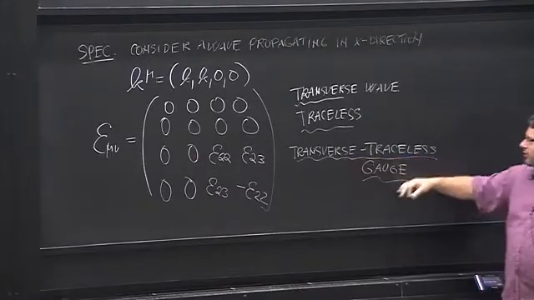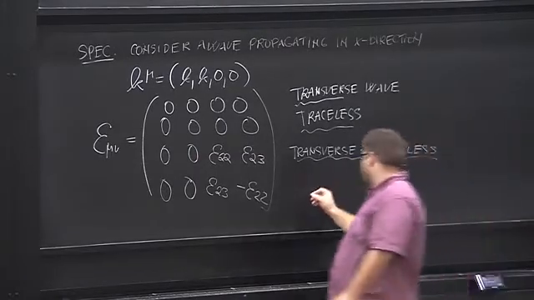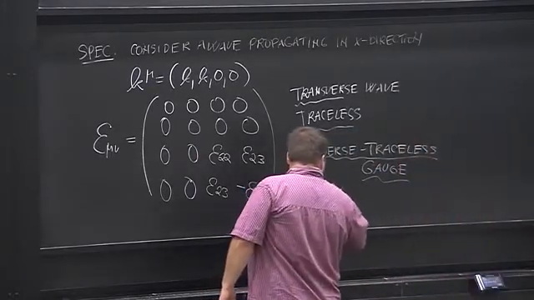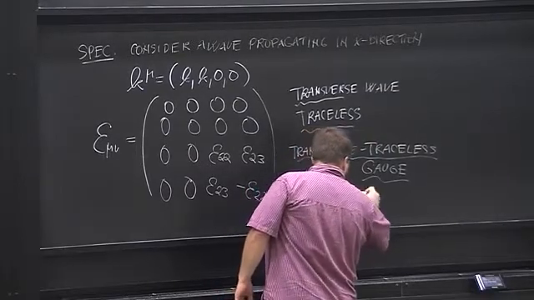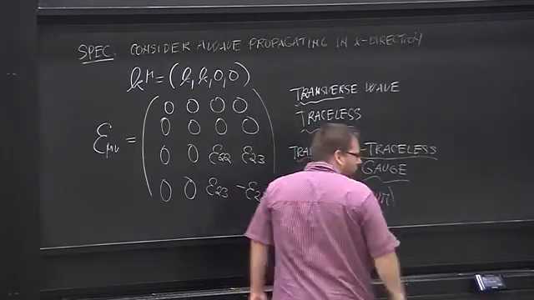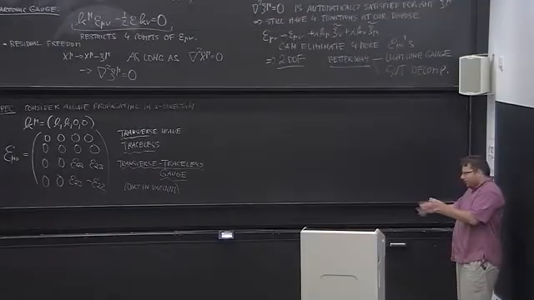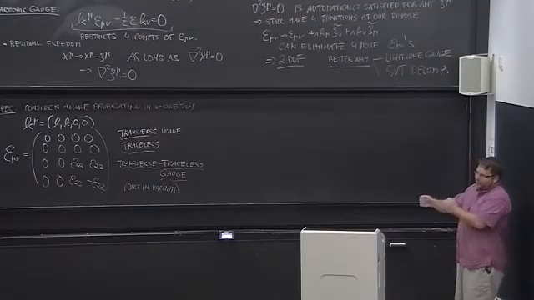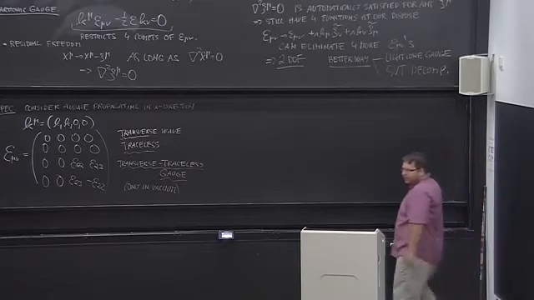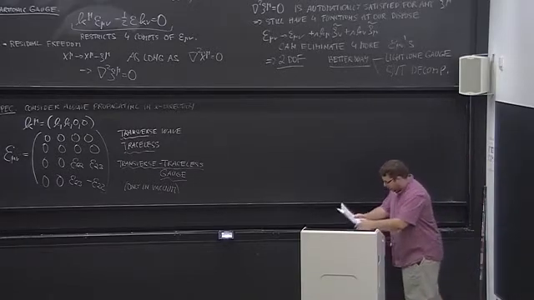I couldn't do transverse traceless gauge. So this is only in vacuum. Which of course makes sense, right? We are trying to identify 2 degrees of freedom of a field on its own. So as the gravitational wave propagates, we don't need any sources, and we are asking how many independent degrees of freedom this wave has.